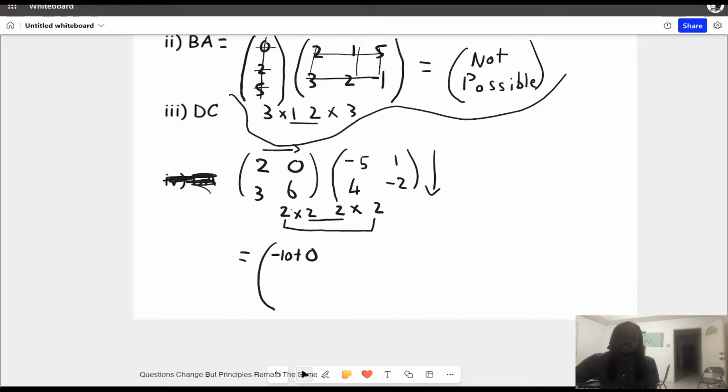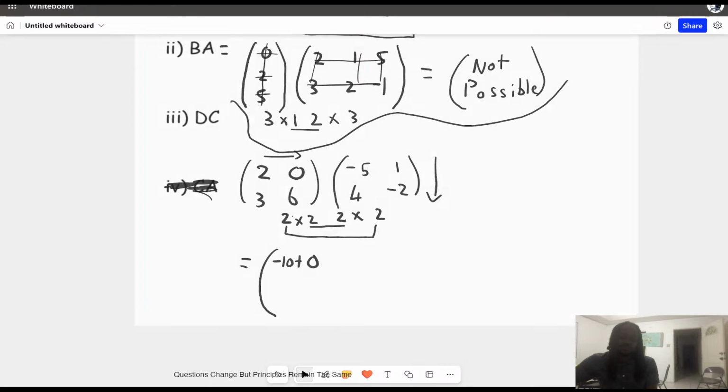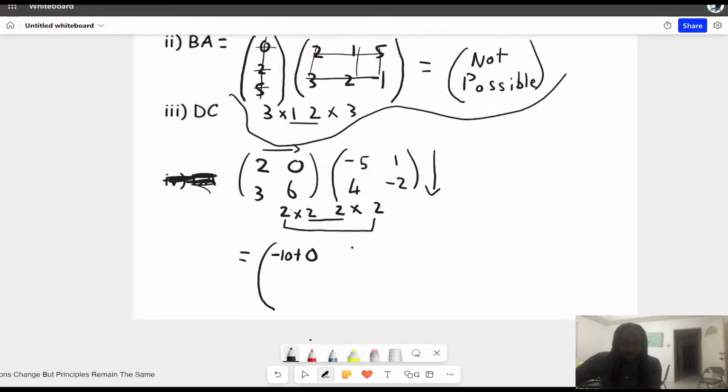So 2 times 1, that is 2. Alright, so 2 plus 0 times -2, 0. So I have used the 2 and the 0 to multiply all the columns. That's the reason why you see me closing my bracket.